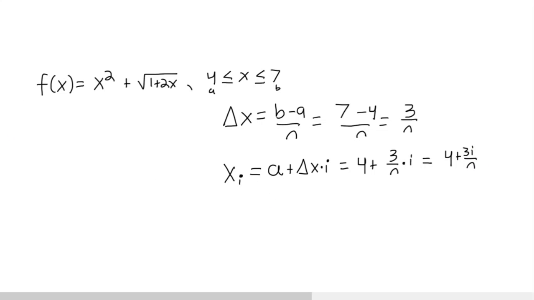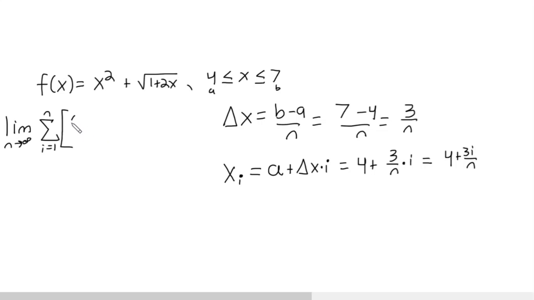Now we just use our limit of the Riemann sum definition. So it's the limit as n approaches infinity of the sum, and everything stays the same over here, from i equals 1 to n. Wherever we see an x, we want to plug in an xi.